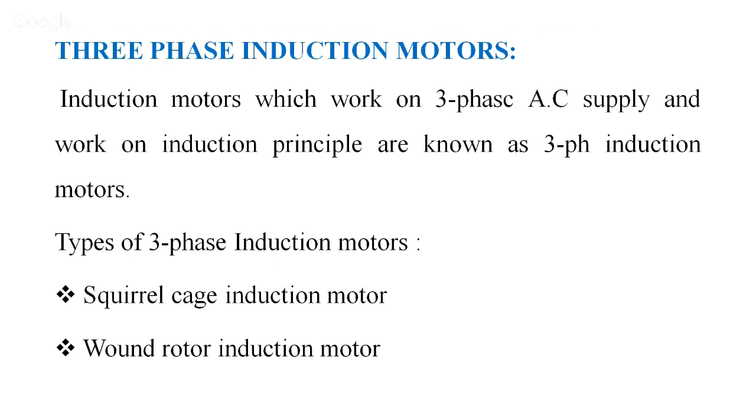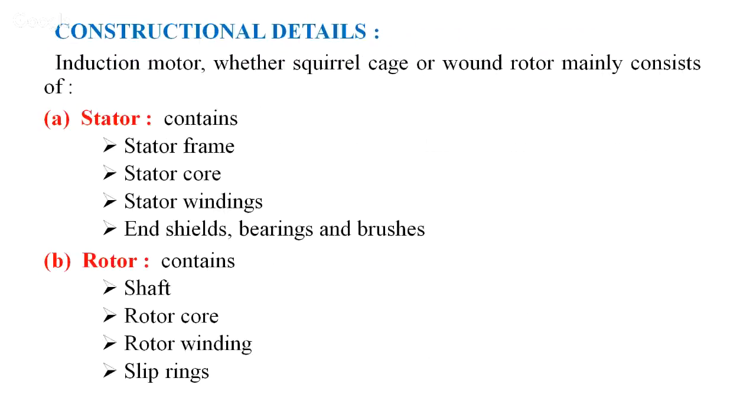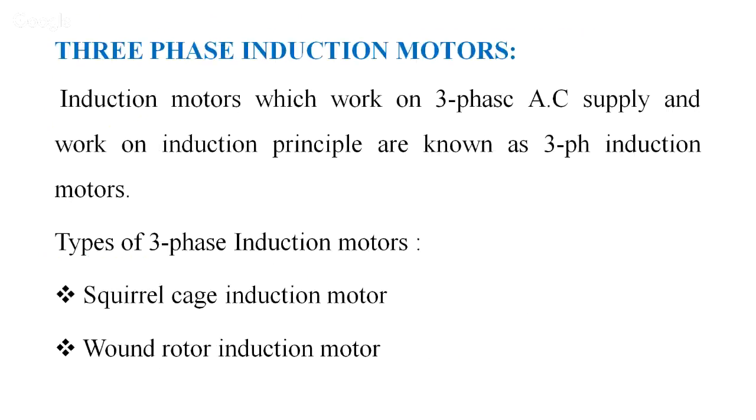Three-phase induction motor. This induction motor works on three-phase AC supply and works on the induction principle, and hence they are known as three-phase induction motors. There are two types of three-phase induction motor, namely squirrel cage induction motor and wound rotor induction motor.